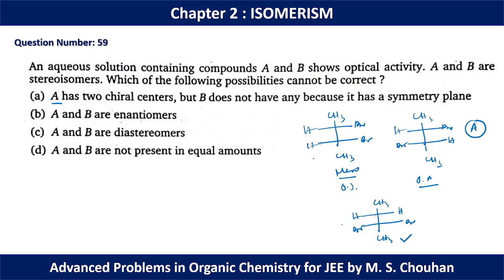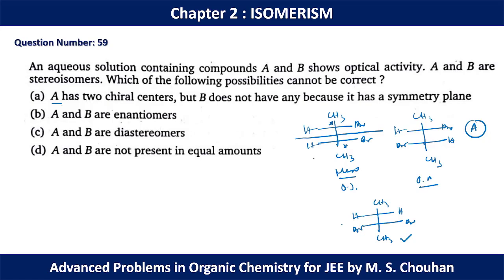So this is not a correct one. Why? Because we have chiral centers present, but if a plane of symmetry is present, then it will become meso and optically inactive. B does not have any because it has a symmetry plane. This is not a correct statement.